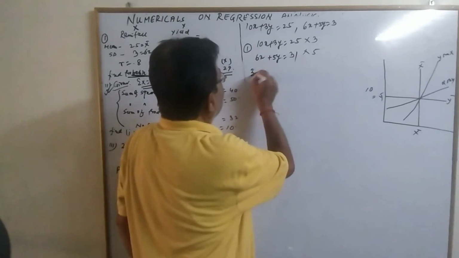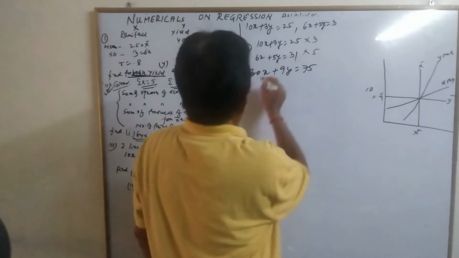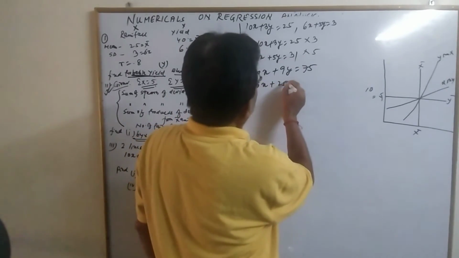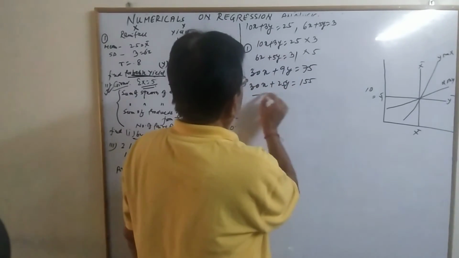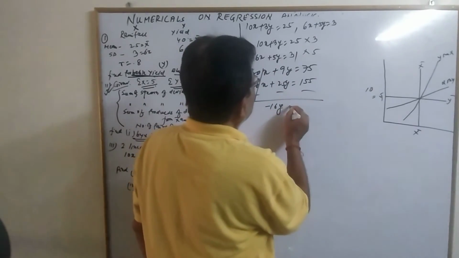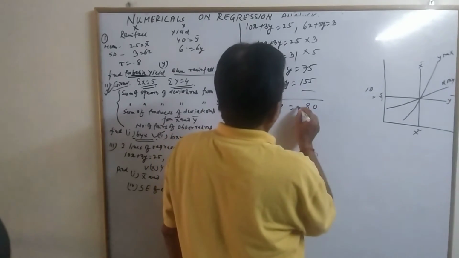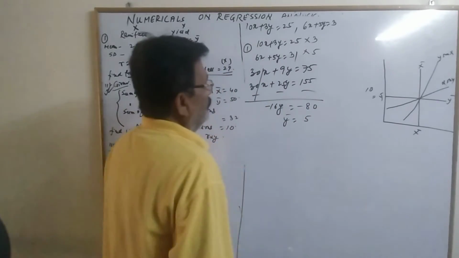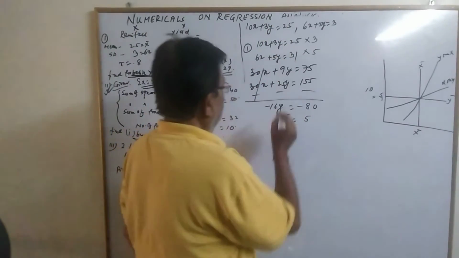So 30x plus 9y is 75, and 30x plus 25y is 155. Now we shall get minus 16y is minus 80, hence y is 5, that is y bar. Y bar has come out to be 5, and now this value has to be substituted in any of the equations.